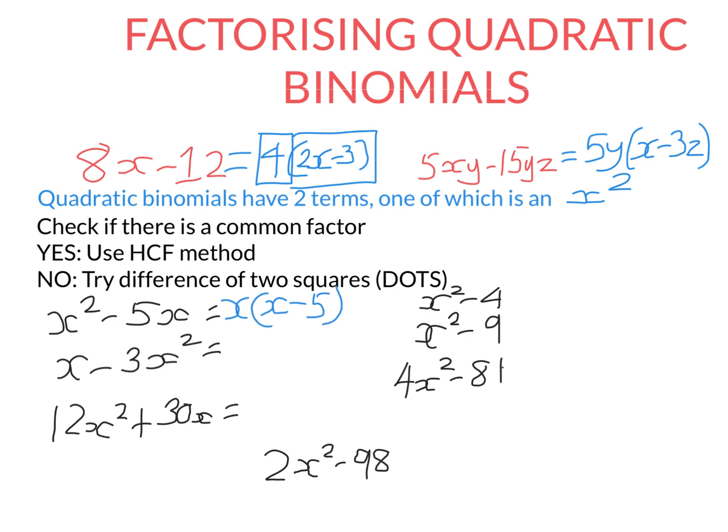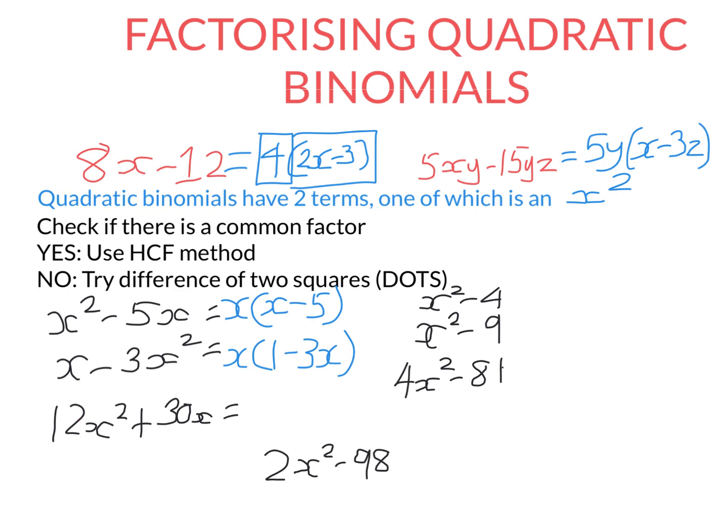Just negative 5. Similarly, these two terms here have a common factor of x. x goes into itself once. x times 1 is x. x times negative 3x gives negative 3x squared. If you expand this, I get this, because factorising and expanding undo each other.